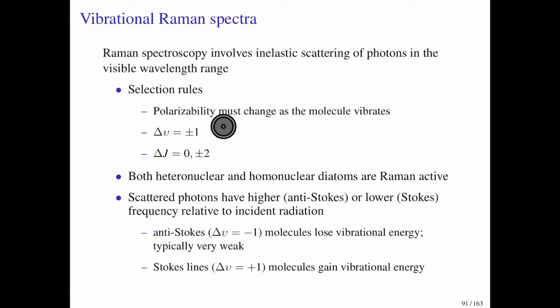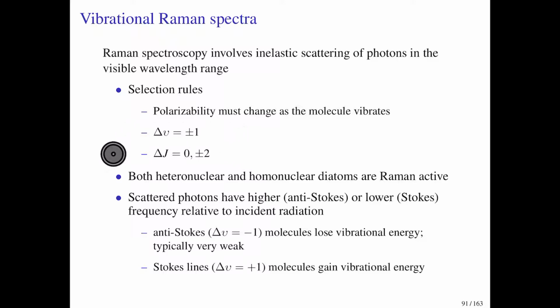And you have the same specific selection rule for the quantum number of the oscillator, but the selection rule for the rigid rotor portion of the transitions is different. Here, delta J should either be a change of 0 or a change of plus or minus 2. And this was the same selection rule that we had for microwave Raman spectroscopy.